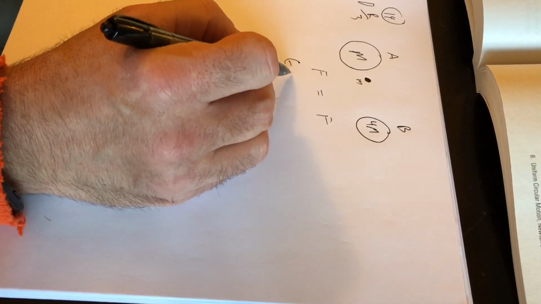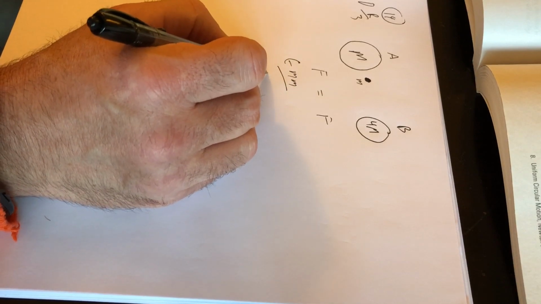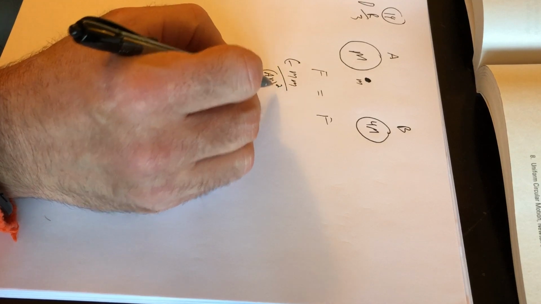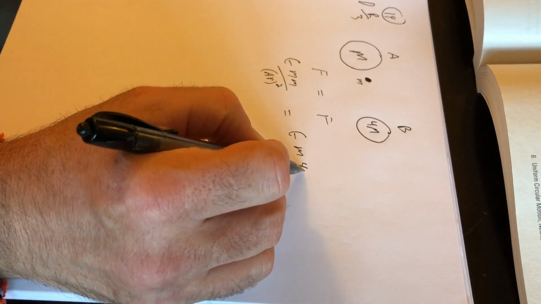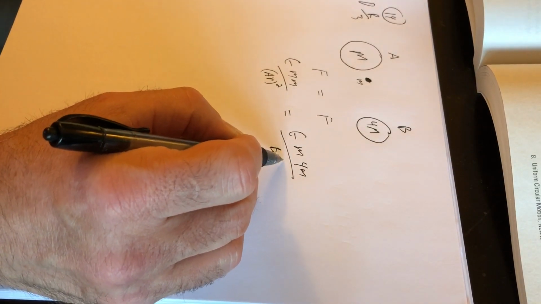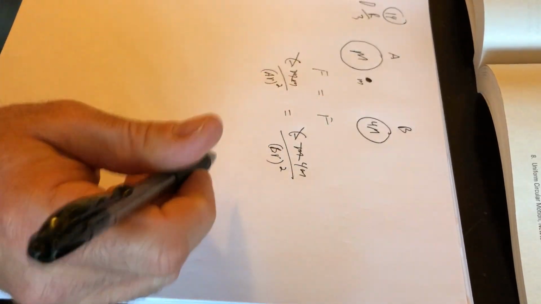So this is G m m over A times R squared, and this is G m 4m over B times R squared, like this. The masses cancel out here, the G's cancel out here.